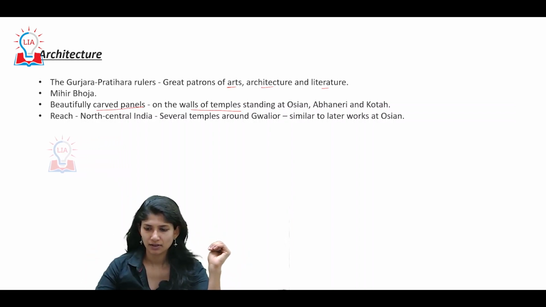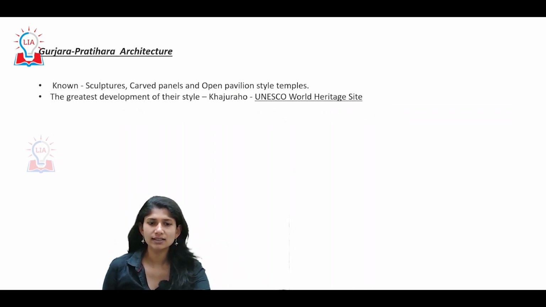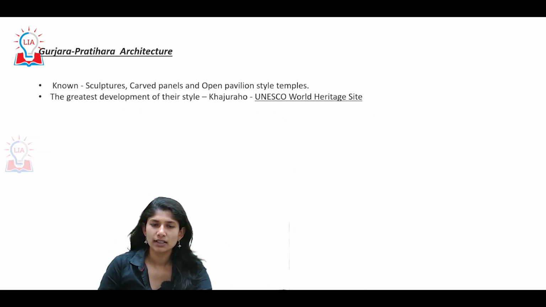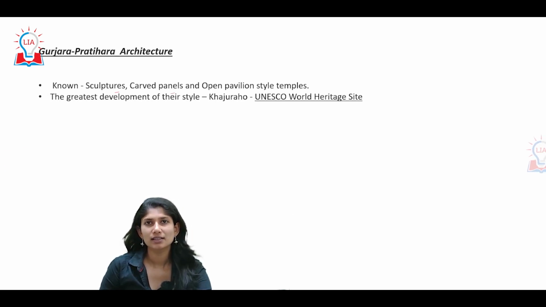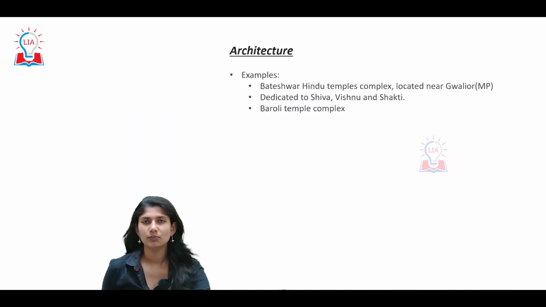Now look at this. They are very much known for their sculptures, carved panels and open pavilion style temples. One very famous example is the Khajuraho temple, which is currently a UNESCO World Heritage Site. Now look at this.